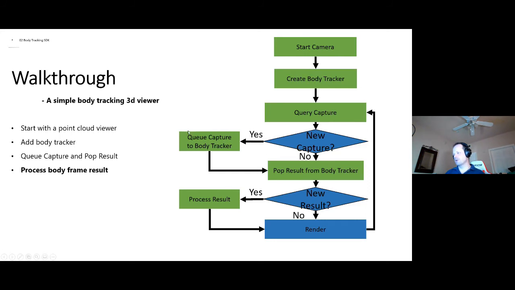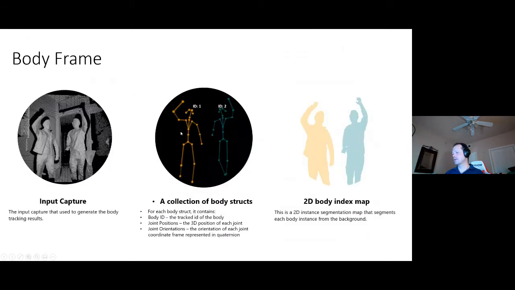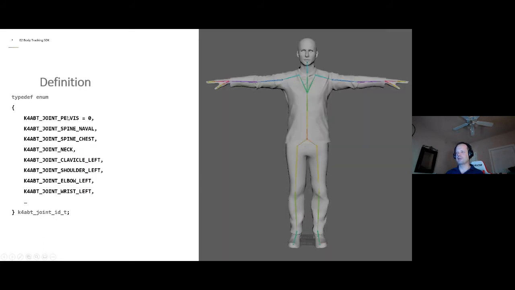So this runs in the background, and then you process that result. The demo will come in a little bit later. So again, input capture, you get the collection body struct and the 2D body index map. This is an enumeration you get as an application developer, which is very helpful to let you do operations based on the structure of the body.